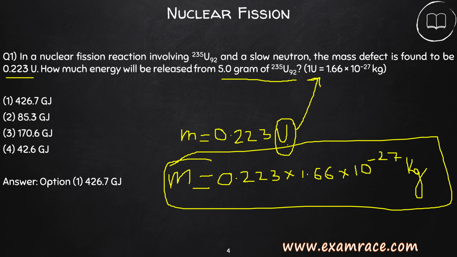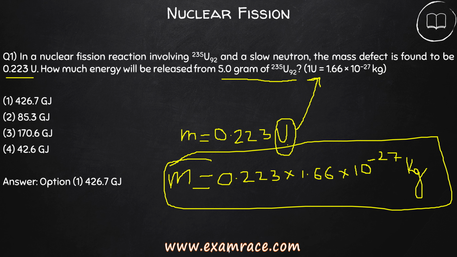In this question, the mass defect is given as 0.223 unit, and the value of u is given in the question itself: 1 u is 1.66 into 10 power minus 27 kgs. So 0.223 into 1.66 into 10 power minus 27 kgs is your mass defect for this question.